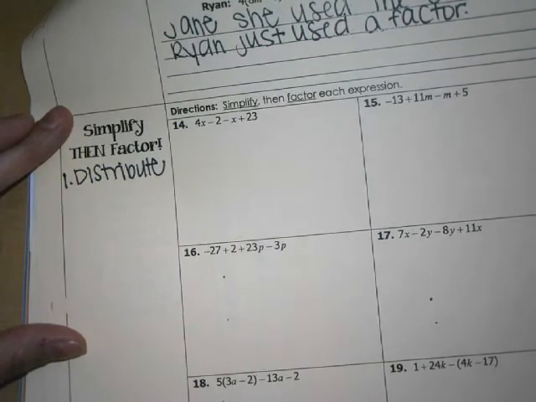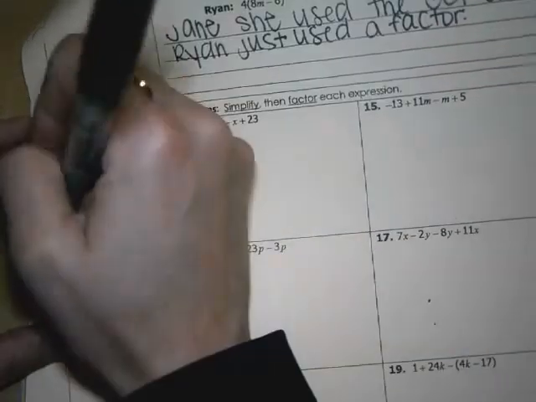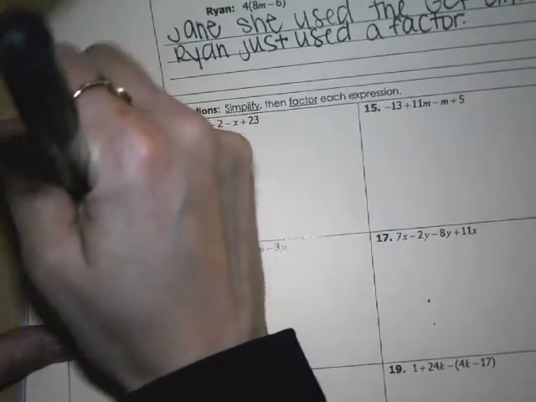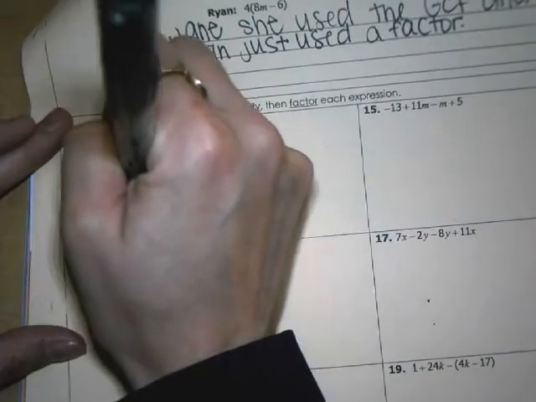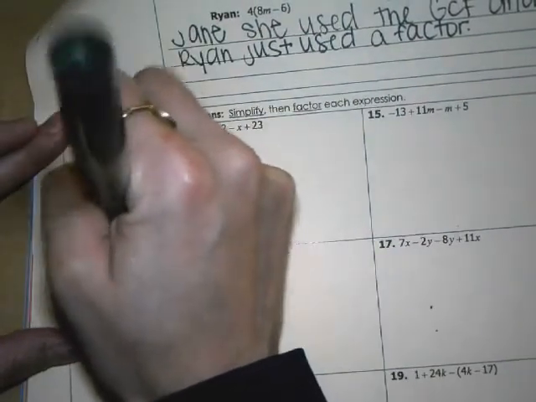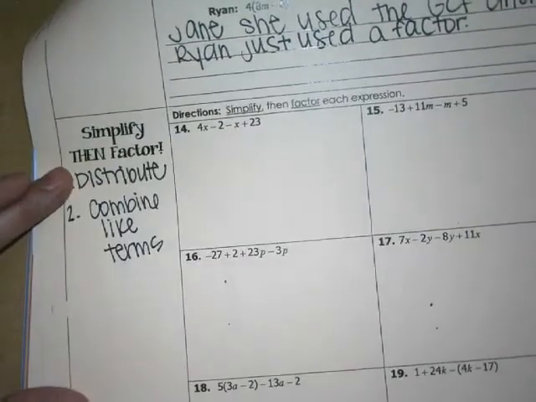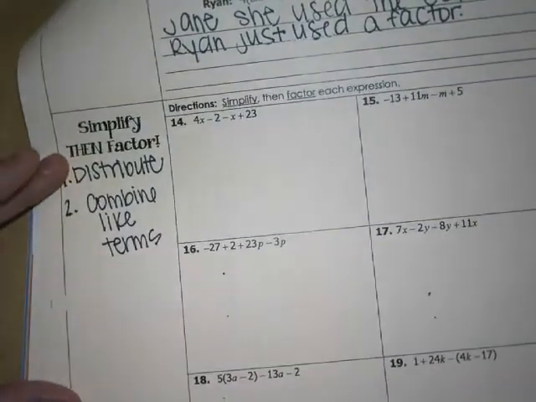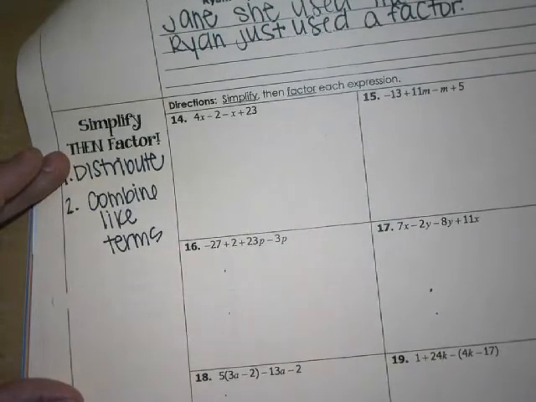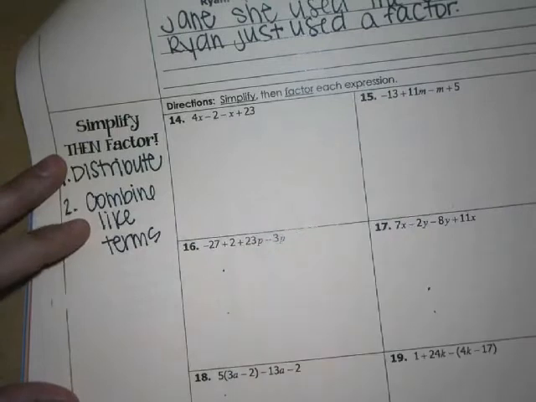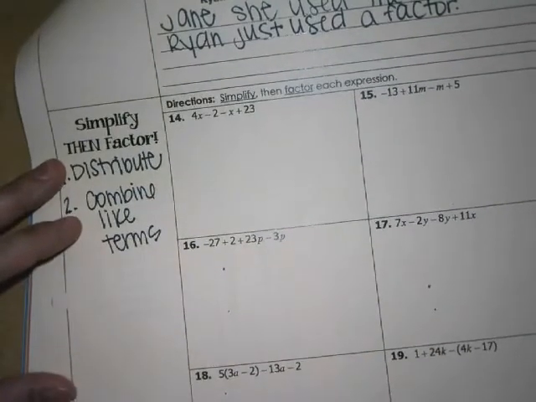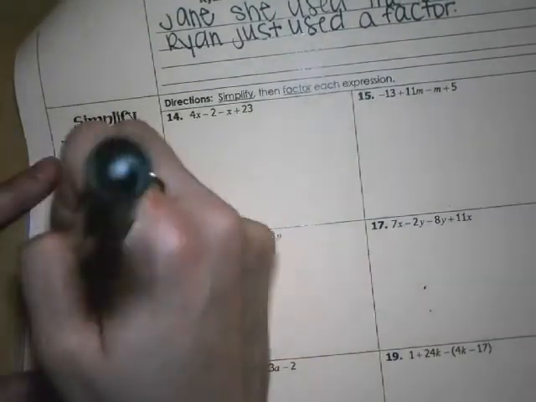No, so you only distribute if necessary. After you distribute, what's step 2? Combine like terms. And then after you combine like terms, what's the final step going to be? Factor.